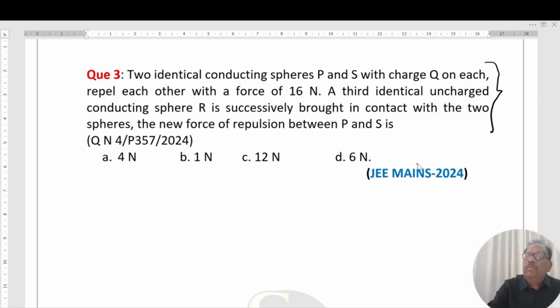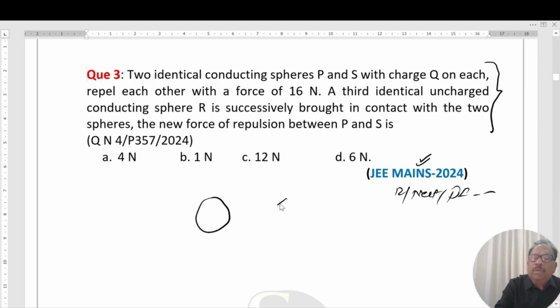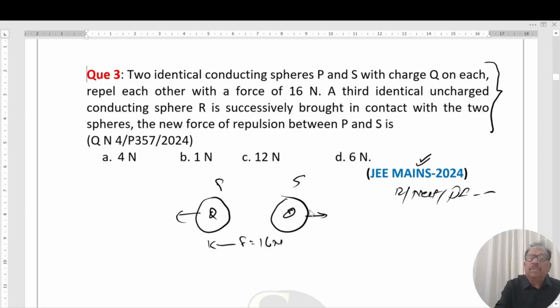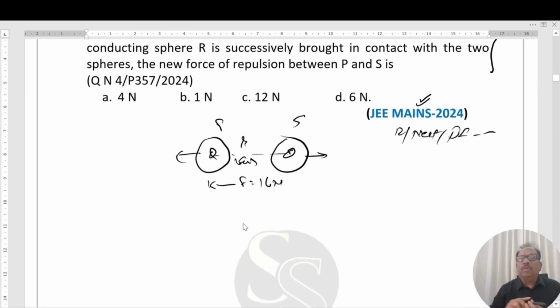This question has been taken from JEE Main 2003, applicable for NEET, JEE Main, etc. Two identical conducting spheres, one is P, one is R. Charge on this is Q, charge on this is Q. They repel each other with a force of 16 Newton, repulsive force, separated by distance, say R. Now, a third charge S, identical in shape, S.